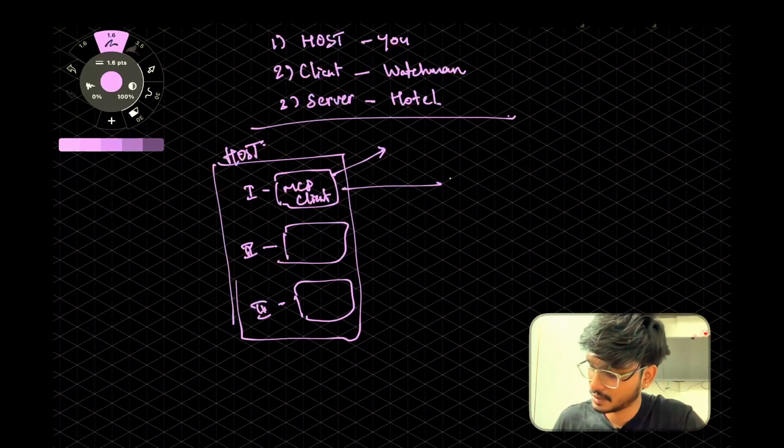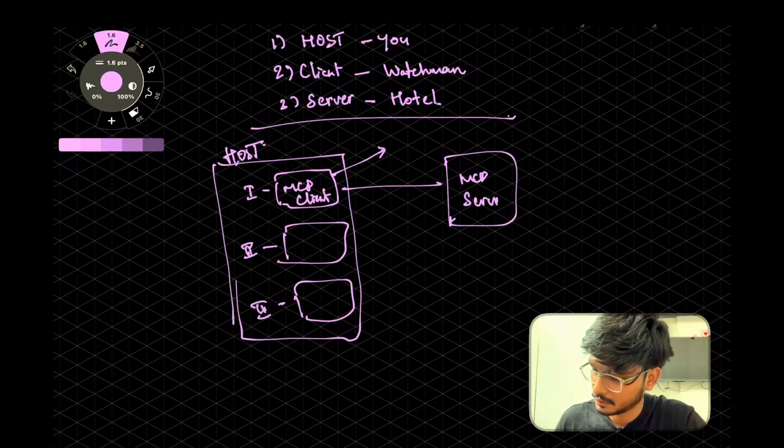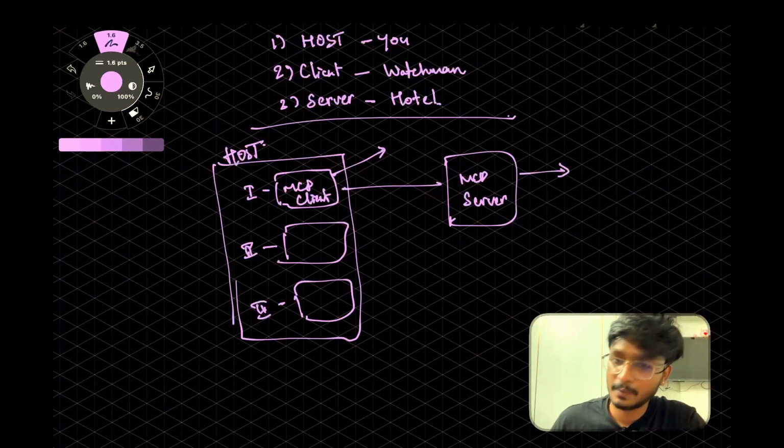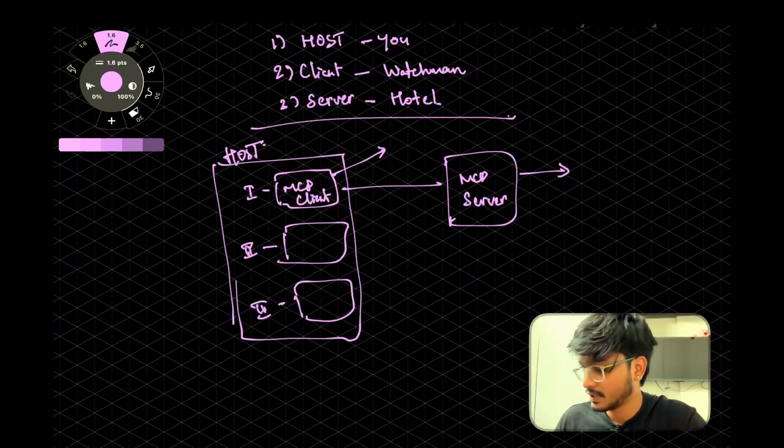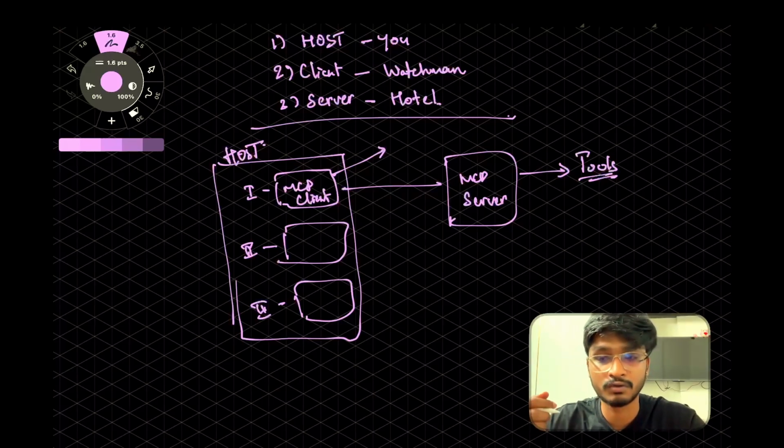So let's say you want to connect it to the MCP server. So what is an MCP server? An MCP server is basically something that hosts a lot of functions. Let's say you have a lot of tools. Let's say you have a tool to get the weather, a tool to do addition, a tool to do subtraction, a tool to do multiplication.